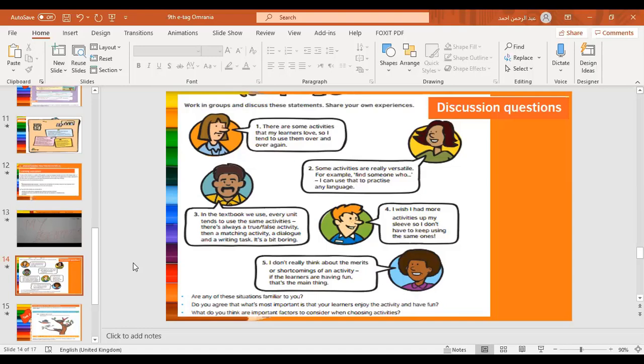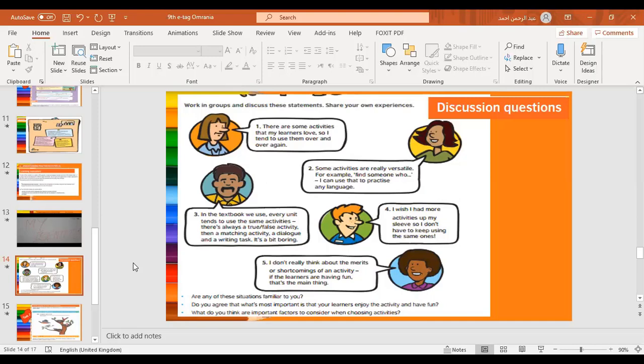Number four: I wish I had more activities in my sleeve, so I don't have to keep using the same. This teacher didn't have a lot of activities in his mind and didn't apply them. He has only a few activities, so he is complaining about lacking ideas and new activities.